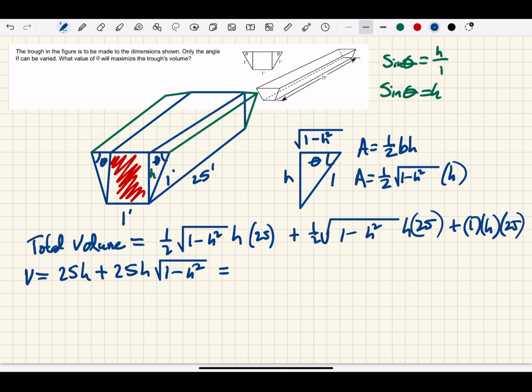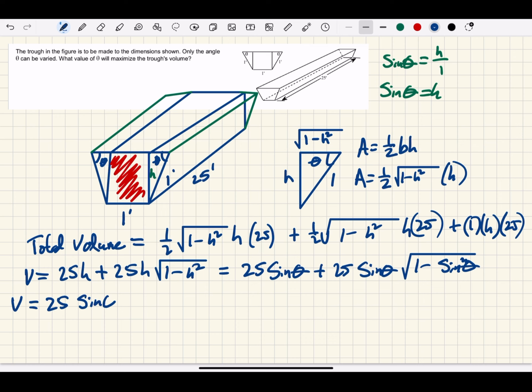So we would have 25 sine theta plus 25 sine theta times the square root of 1 minus the sine squared of theta. But 1 minus the sine squared of theta is the cosine squared. So this would be the same as 25 sine theta plus 25 sine theta times the square root of the cosine squared of theta.